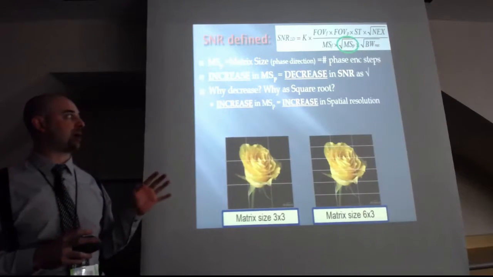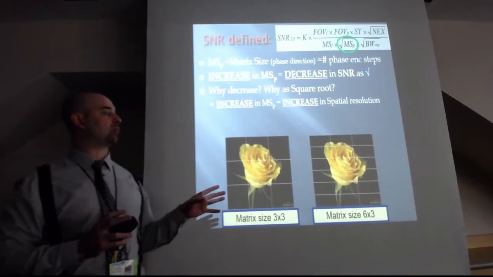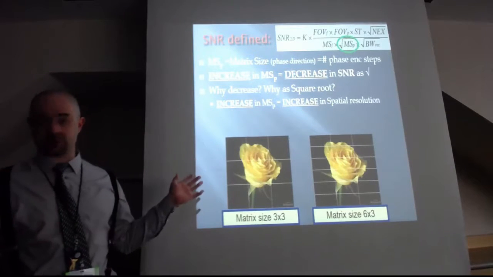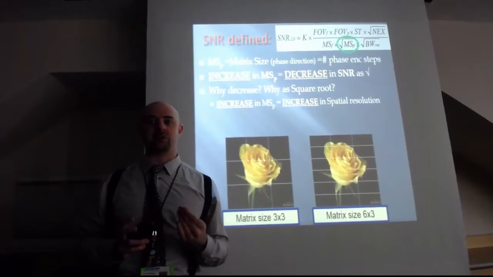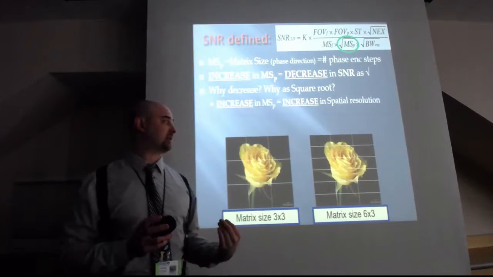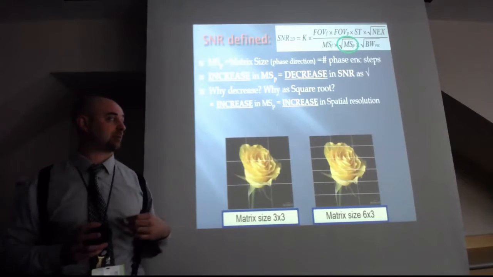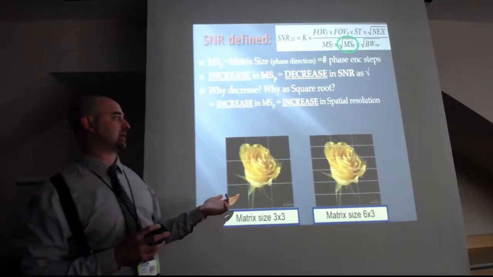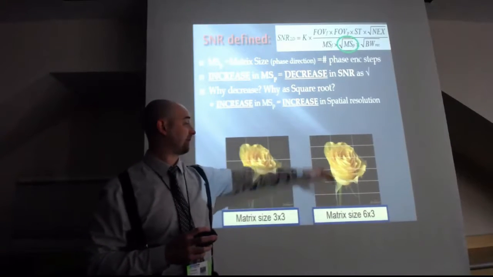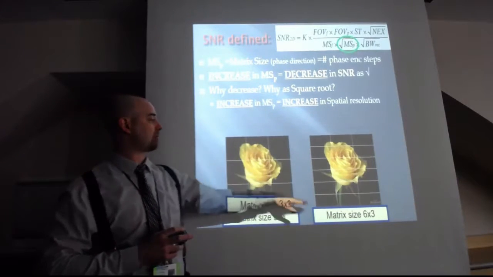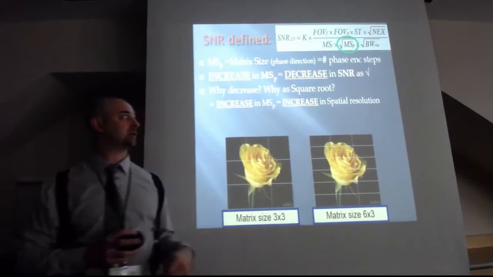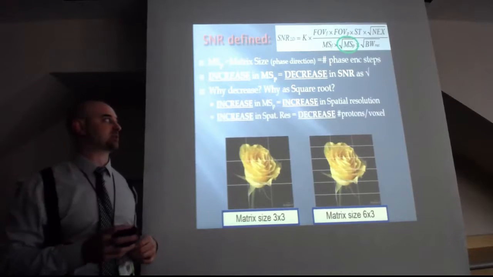So the easier part is to explain why there's a decrease at all, and that's when you increase the number of phase encode steps or you increase the matrix size in your phase direction, you're increasing the number of pixels that are there, right? So phase direction is up and down in the y dimension. We've doubled the number of pixels in the y direction, which causes an increase in spatial resolution.